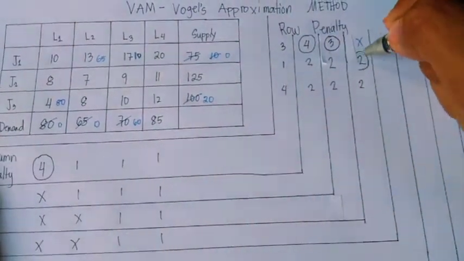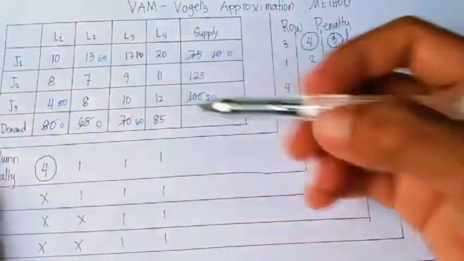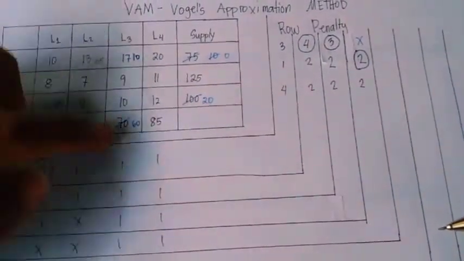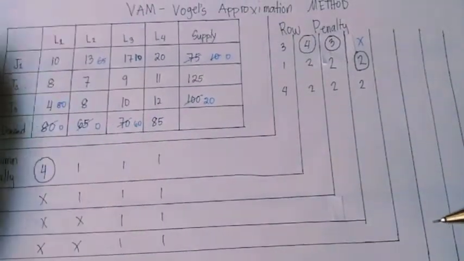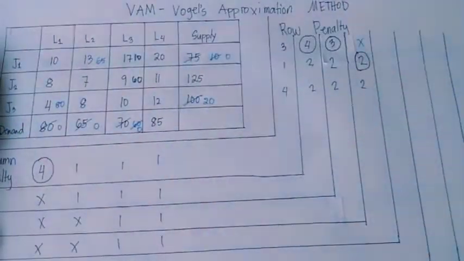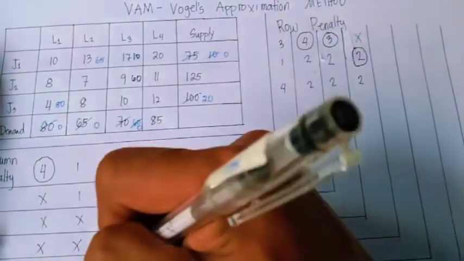So we choose this and start at the least element, which is 9. Since our demand is 60, we satisfy it by putting 60 in 9. Our demand is now satisfied, so we put X here.